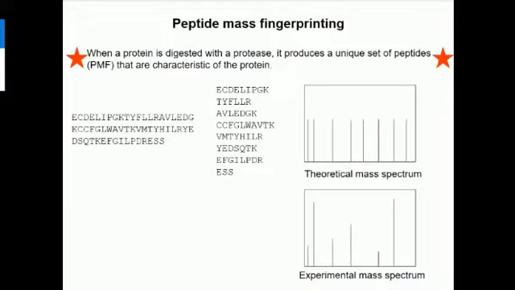This is the point we were making about ion suppression. If you start off with one protein molecule, you're going to have one of each of those peptides, but you won't observe that in the mass spectrum. You'll see the ones that ionize more easily. But it doesn't really matter for proteomics, because you don't have to see every single one to be able to identify the protein. You just need to be able to see a few.